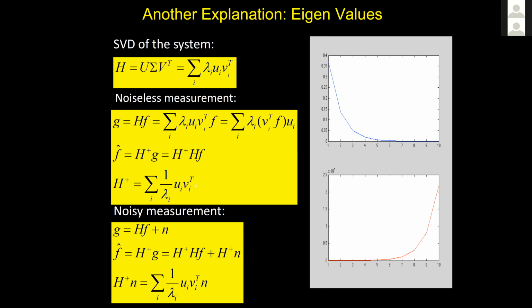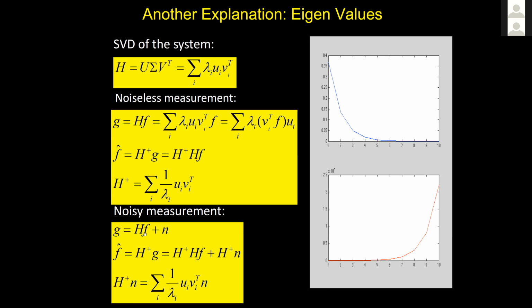Now, you will never get a pure measurement, right? Your measurement is always your image forward projected plus some noise.